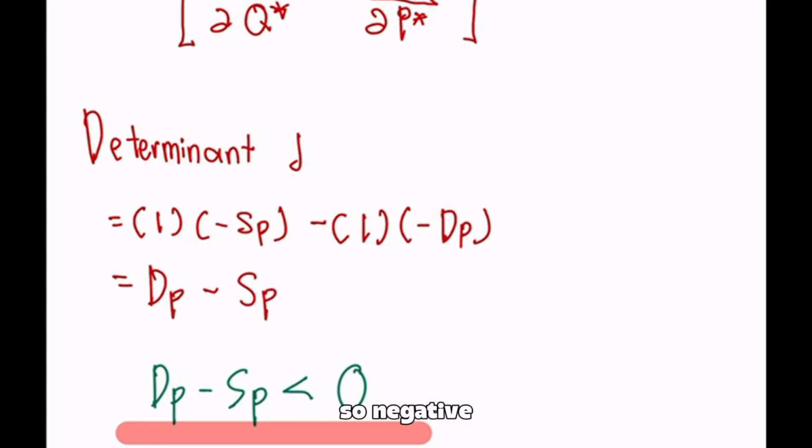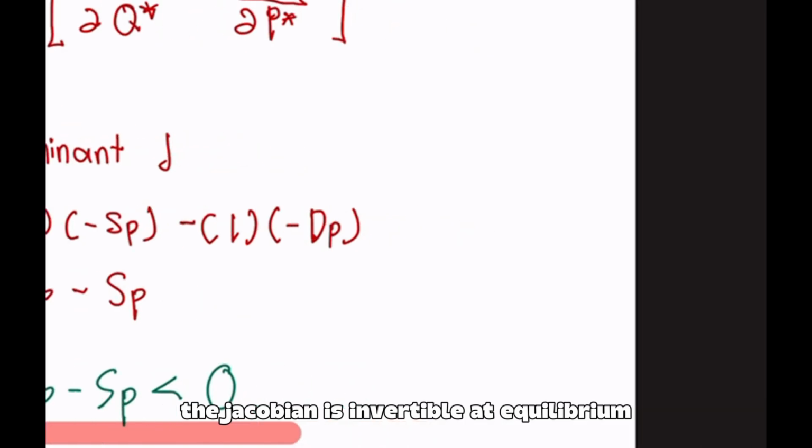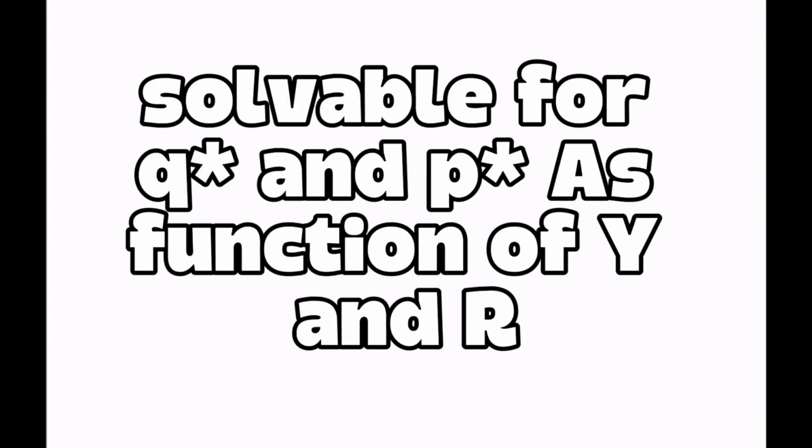So negative minus positive gives us negative. Since the determinant is non-zero, the Jacobian is invertible at equilibrium, meaning the system is locally solvable for Q star and P star as functions of Y and R.